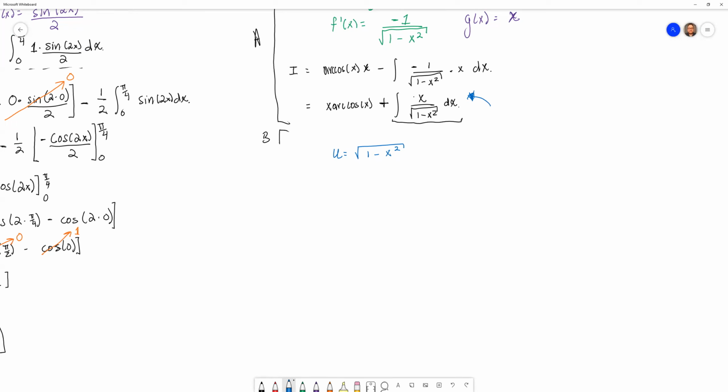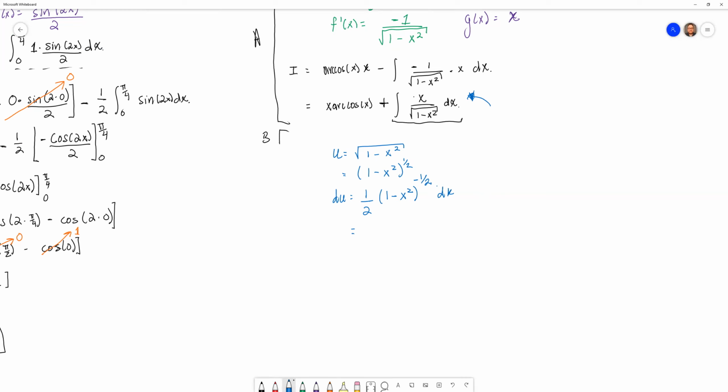This is a bit of a messier substitution though, so it's not obvious to see. But if this is my u, then another way to write this is 1 minus x squared to the power of 1 over 2. Then if I find the derivative du, I bring the exponent down, so 1 over 2, keep the inside the same, 1 minus x squared, and reduce the exponent by 1, so minus 1 over 2, and dx.